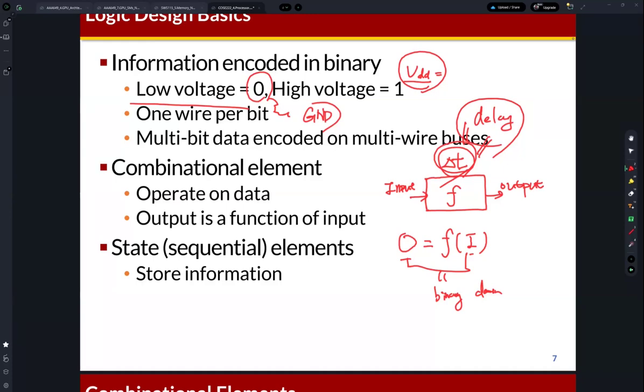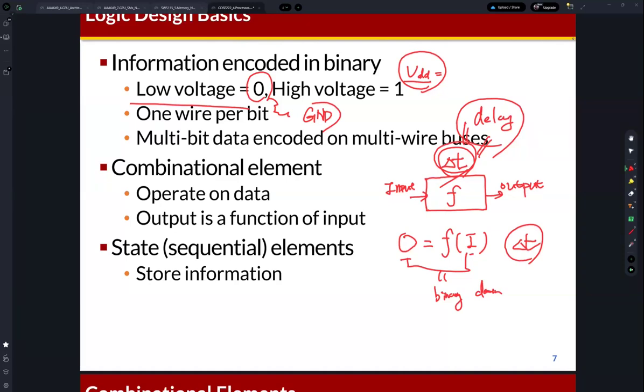This is the system, this is the hardware. The input is given and the output is generated, but after some time, after a delay, delta t. This is the component we need to consider for designing a digital system.